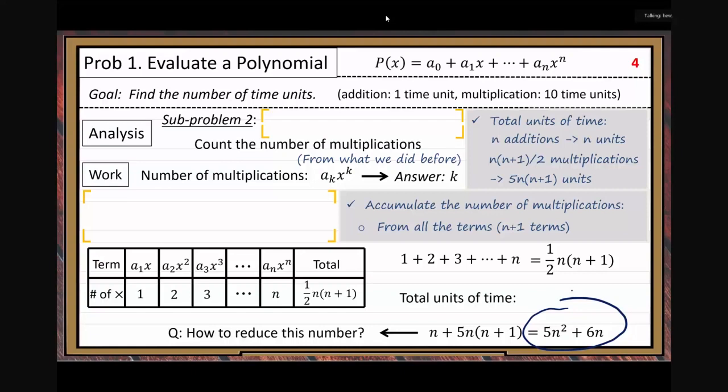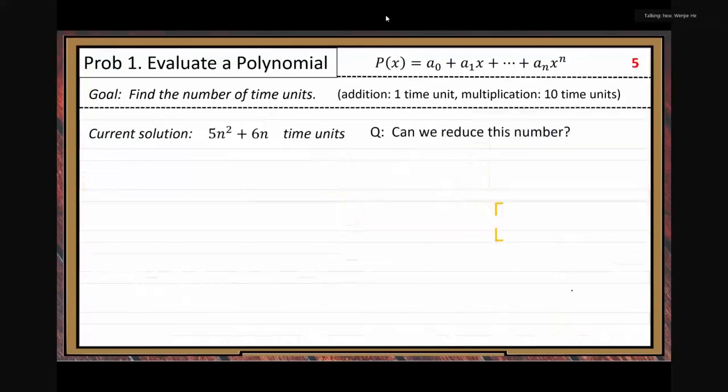That means the total number of time units should be much smaller than this one. That's our next task. At this point it's not easy for you, but our next task is how to reduce this number.